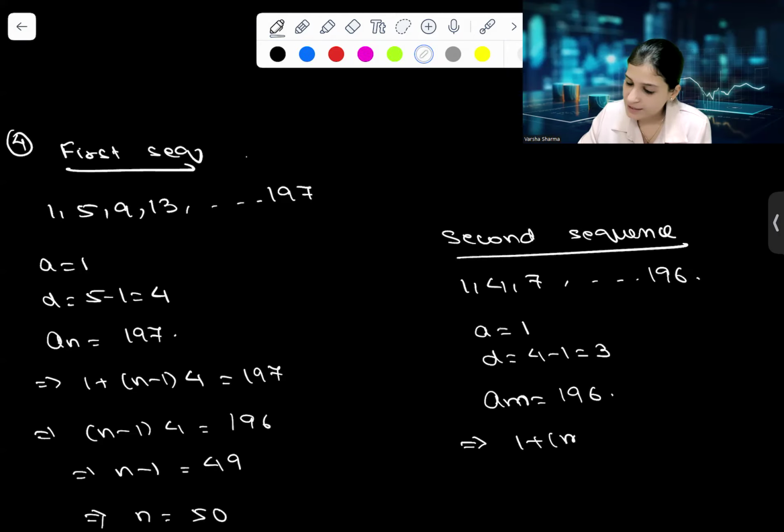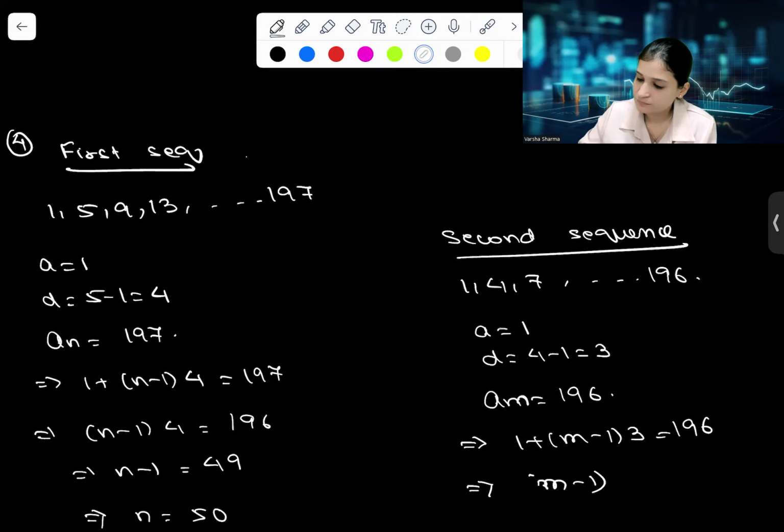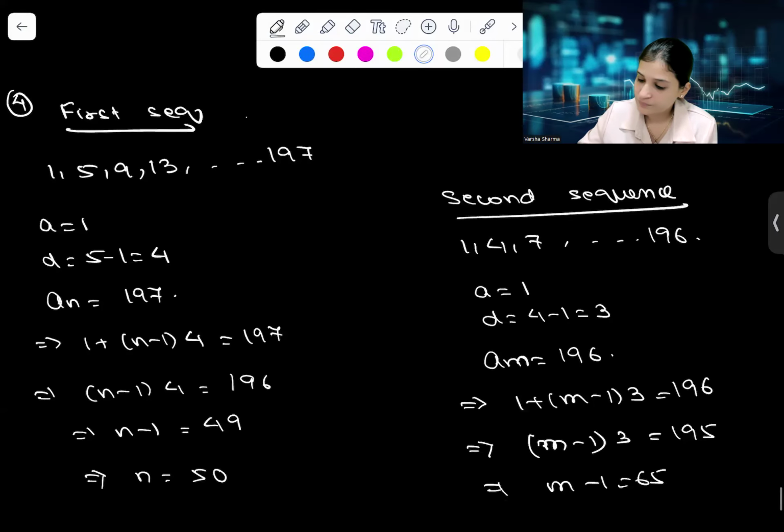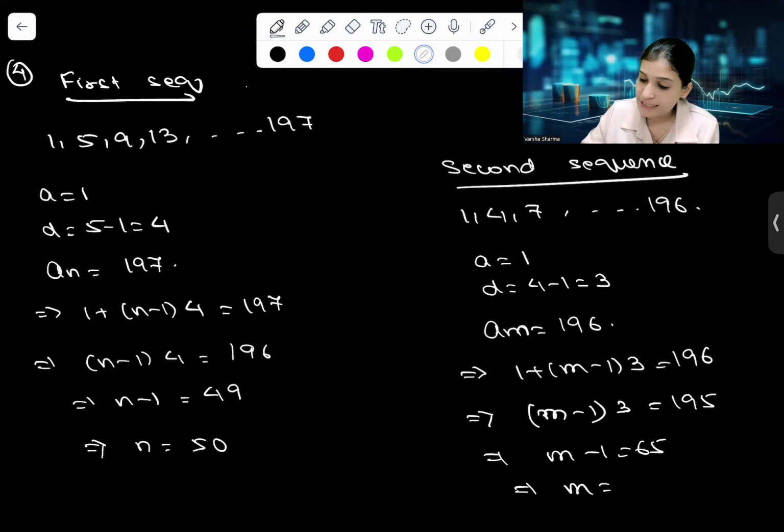A plus m minus 1 into d is 196. What is the number of terms here? So the first sequence has 50 terms. The maximum it can go is A50. And in the second sequence, the total number of terms is 66. It can maximum go to A66.